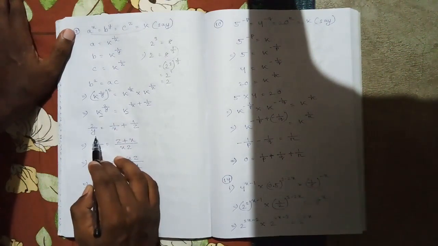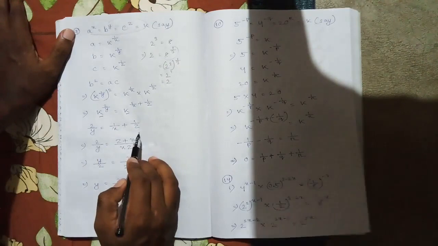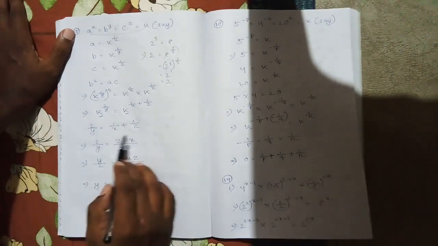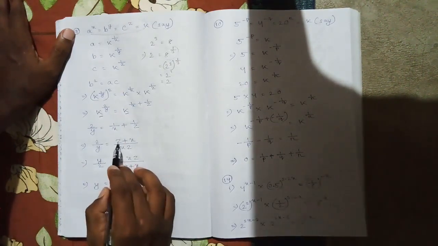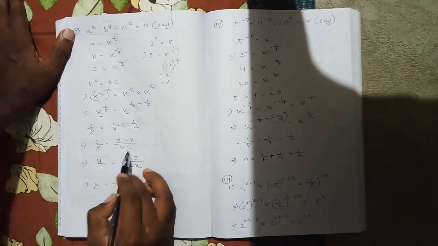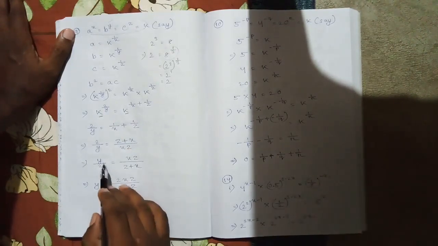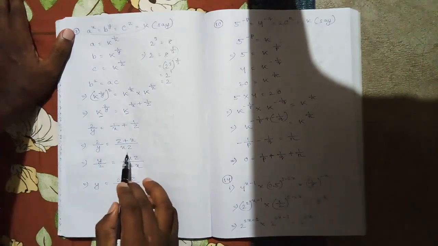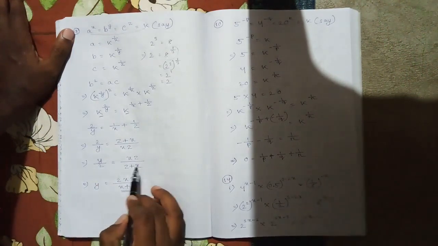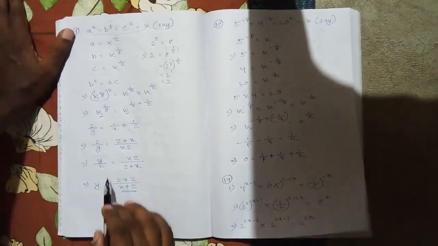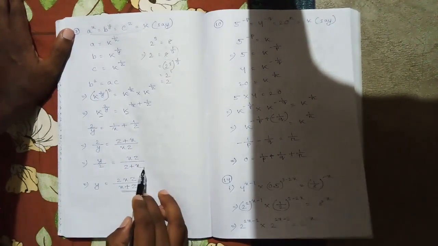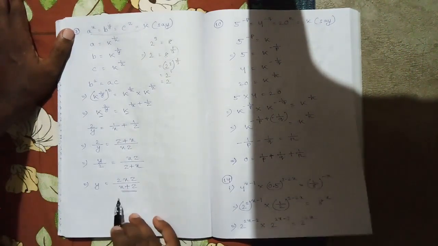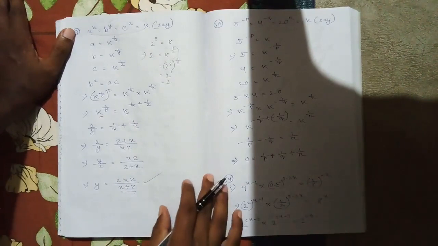So 2/y = 1/x + 1/z. Now taking LCM on the right side, 2/y = (z+x)/xz. Now take the reciprocal on both sides. 2/y became y/2, and (z+x)/xz became xz/(z+x). So y/2 = xz/(z+x). So simply y will be, take 2 to the right, 2xz/(x+z). Hence proved.